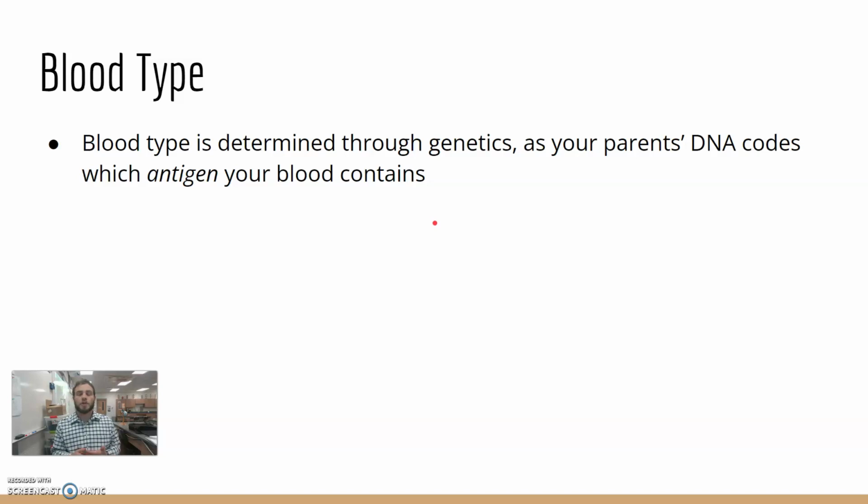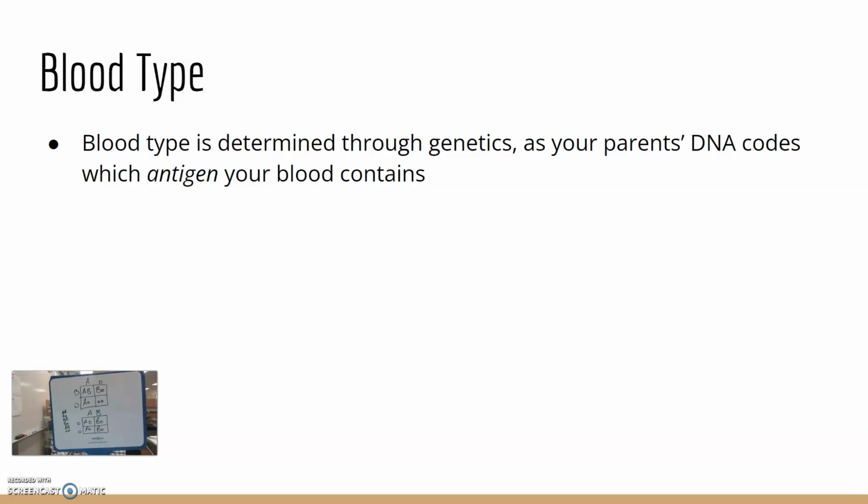Blood type is determined by genetics because your parents' DNA is going to code what sort of antigens your blood contains. So for example, you can see here, you may remember Punnett squares from biology, how you can have type A blood, you can have type B blood, and all the different combinations that you can get.